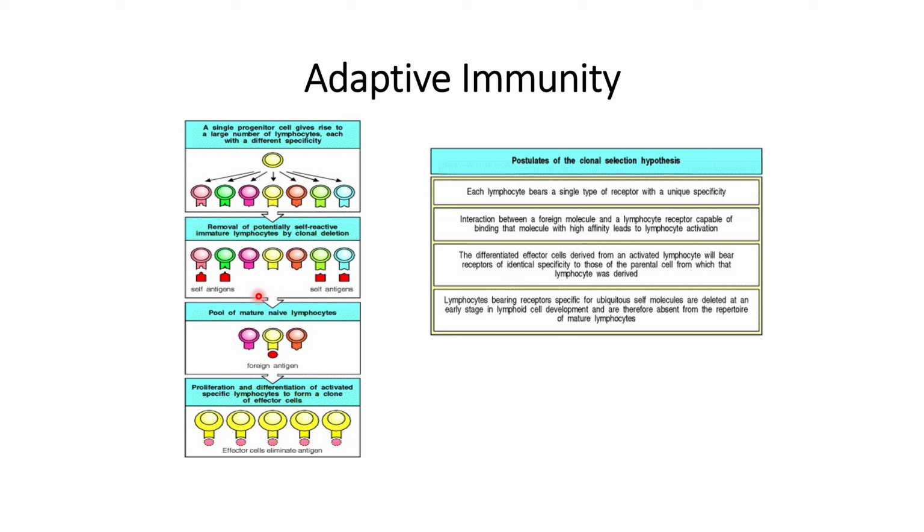And clonal deletion is the last postulate, where ubiquitous self molecules, receptors that are present within the host, if present on lymphocytes, cause those lymphocytes to get eliminated.